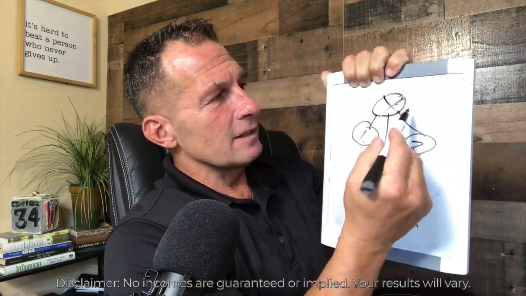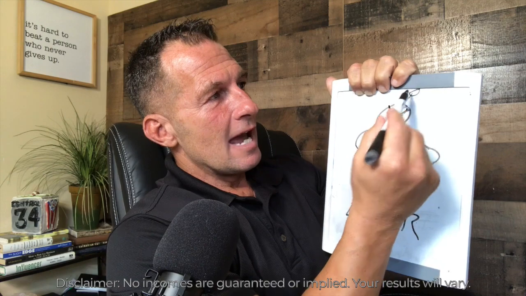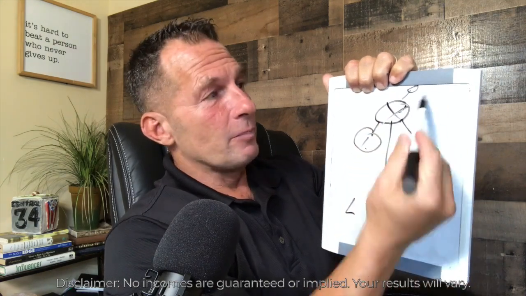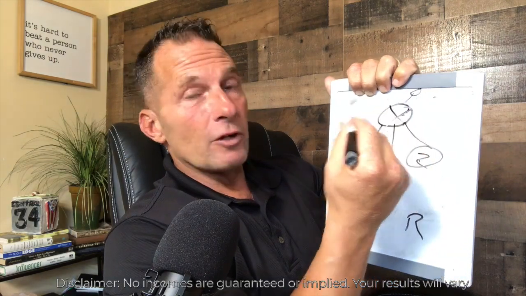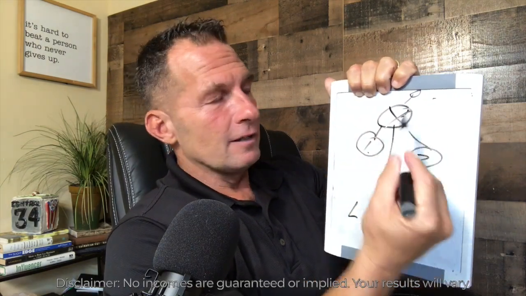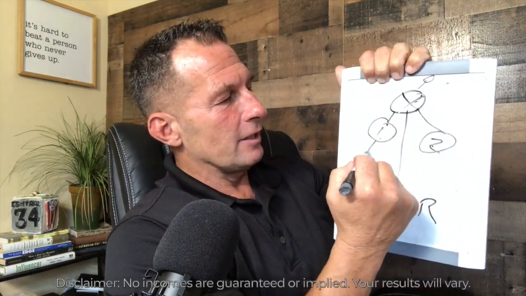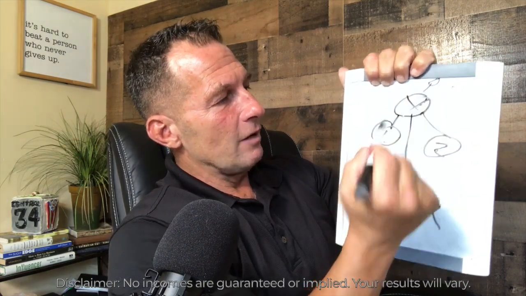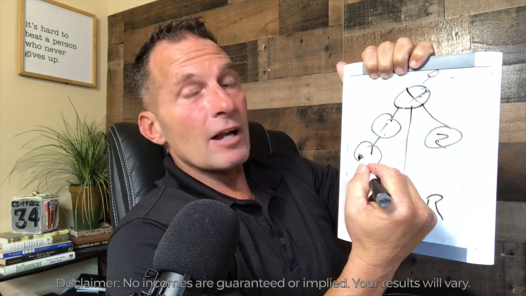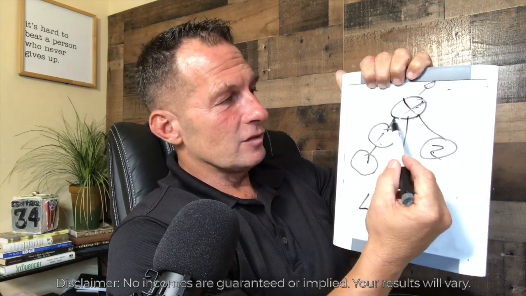Now, what's nice is, let's say somebody above you puts in their third person. They've got you on their left and one on their right, and they put their third one in. What makes these fun is that person may drop down here. So the person above you put this person down here. What that does is it adds up.